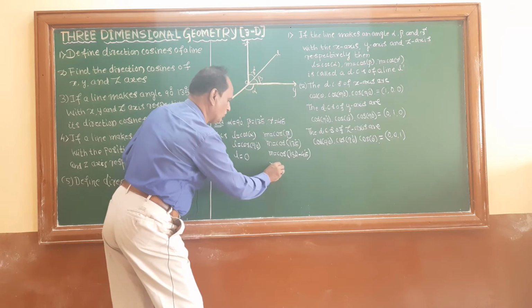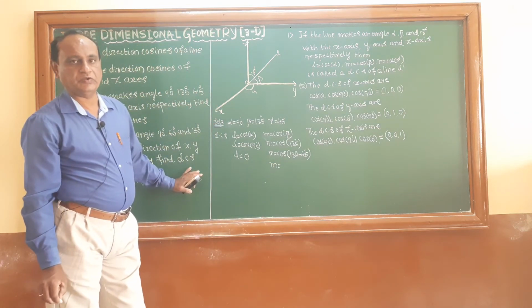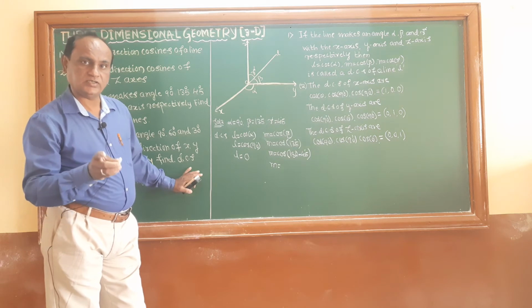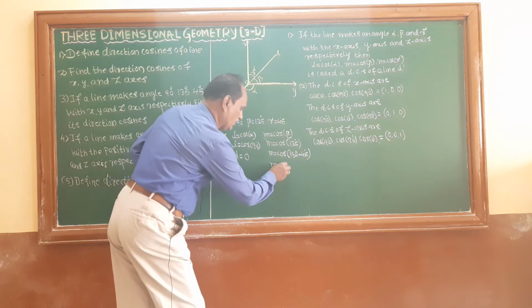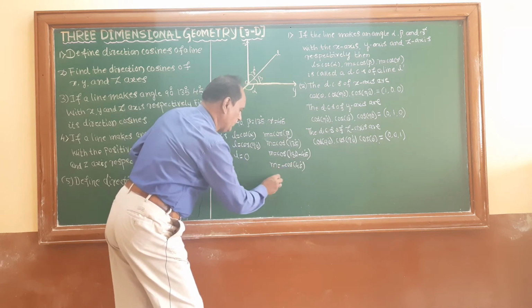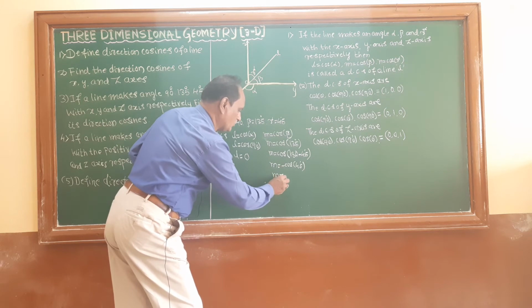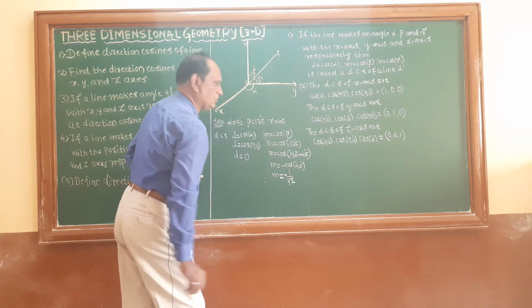Therefore M is equal to cos of 180 minus 45, it lies in the second quadrant, so cos is negative: minus cos 45 degree. Therefore M is equal to cos 45, that means minus 1 divided by root 2.